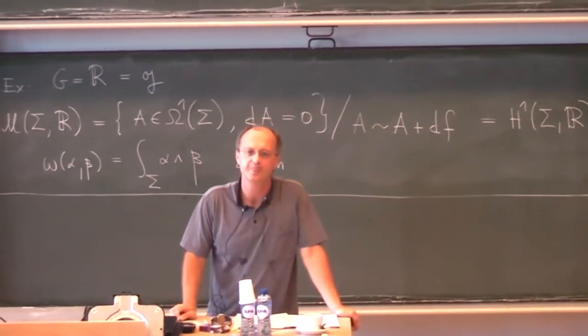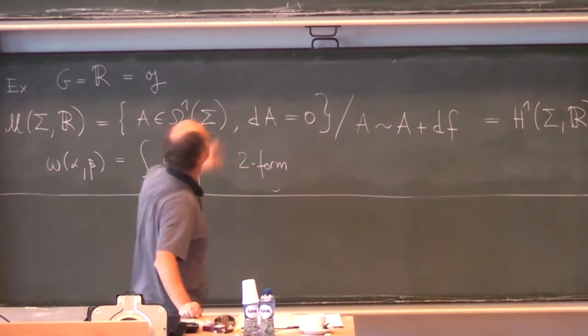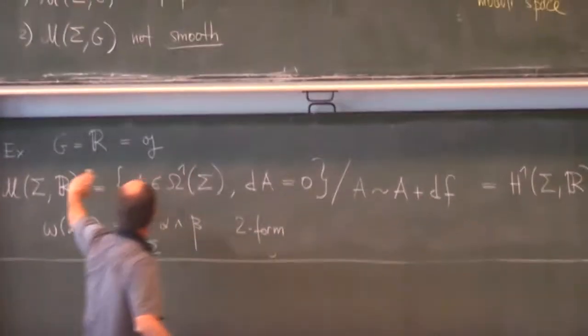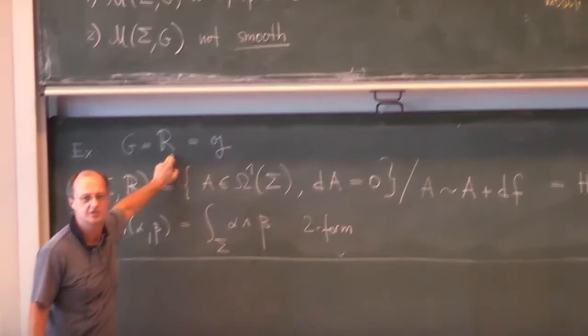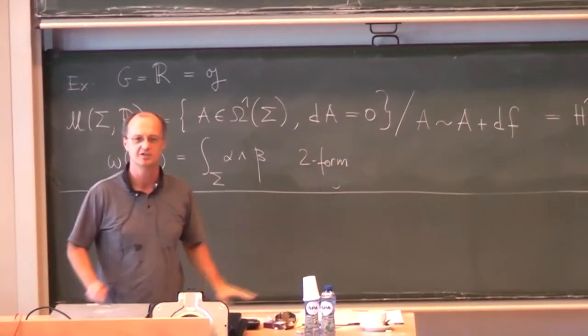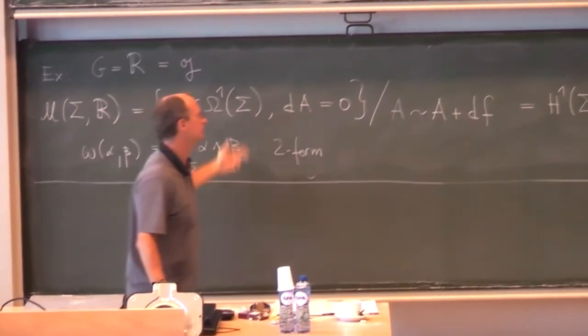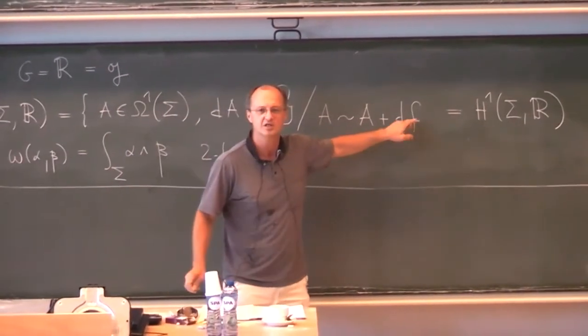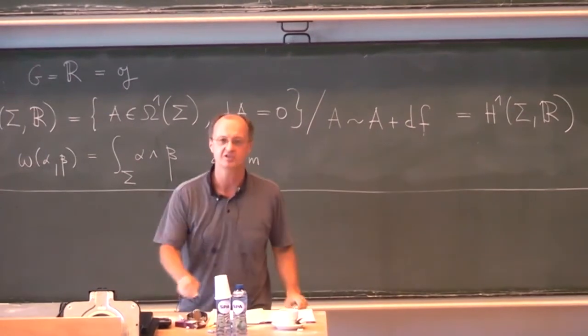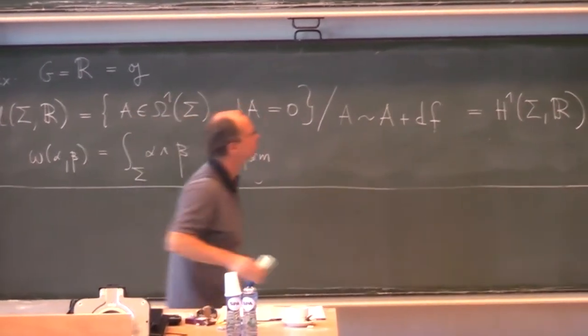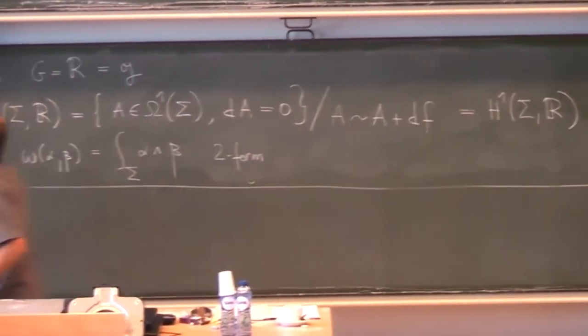Oh, this. Okay, this depends a little bit on whether I take G to be S1 or R. So let me take it to be R. Then I think it's probably correct. Sure, if you take G to be S1, then there will be more stuff here. All right.